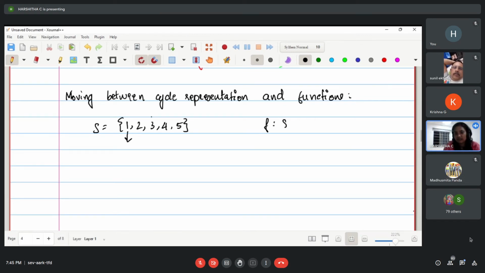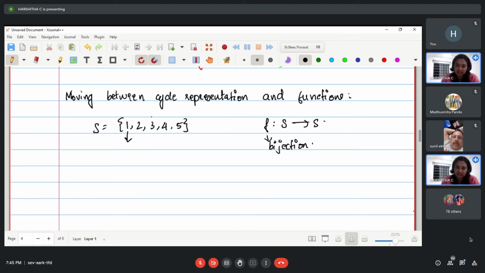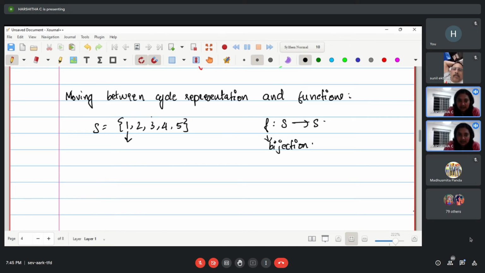So it's a function from S to S. So to 1, you have to assign some other element in S. But another condition is it is not just any function, but you're demanding it to be a bijection. So apart from being a function, it has to satisfy the condition that it is 1-1 and onto.